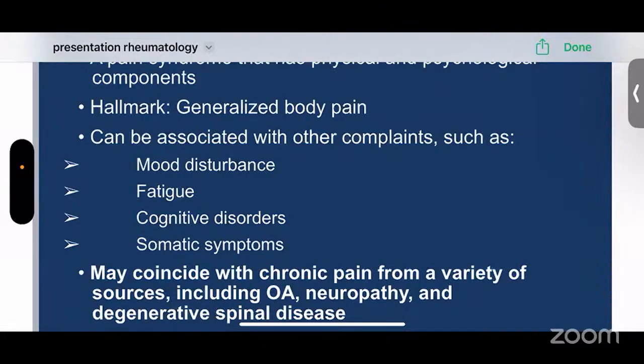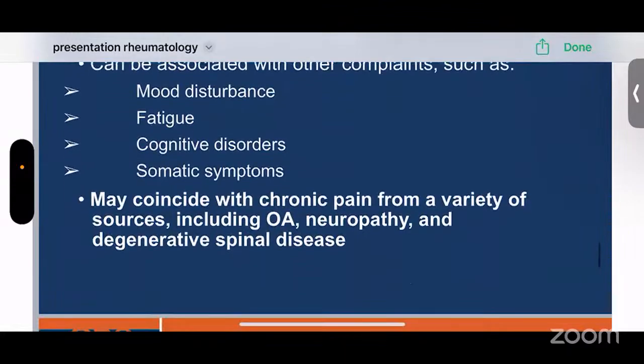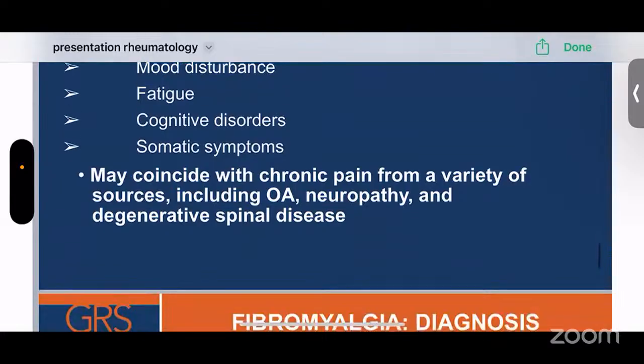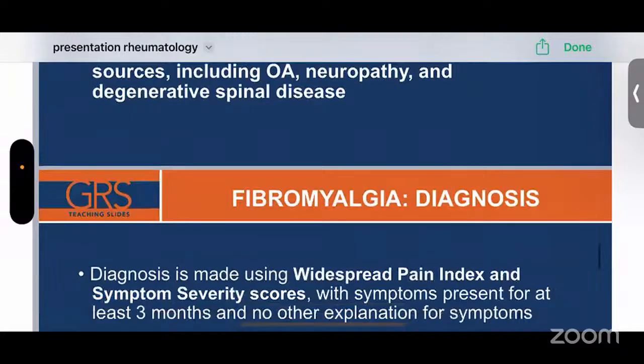Women are always higher, about 5 times more in fibromyalgia, and in all rheumatological disease, women are number one. It can be associated with other complaints such as mood disturbance, fatigue, cognitive disorder, and somatic symptoms, and may coincide with chronic pain from a variety of sources, including osteoarthritis, neuropathy, and degenerative spinal disease.